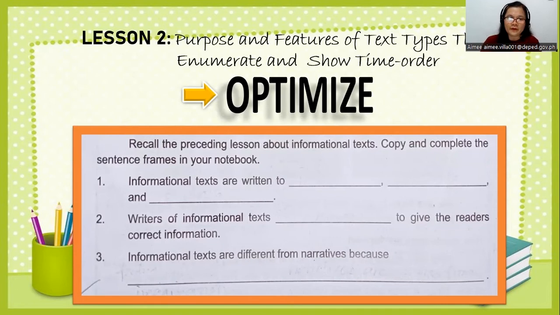So number 3, informational texts are different from narratives because they give factual information while narratives are more from imagination. Okay, do you get it? Very good.